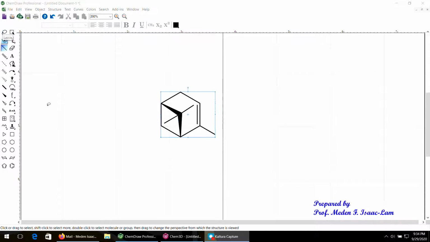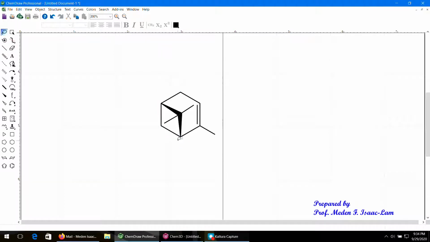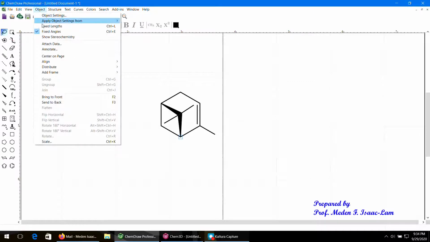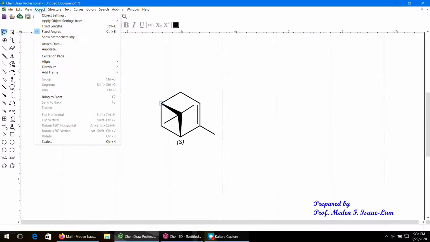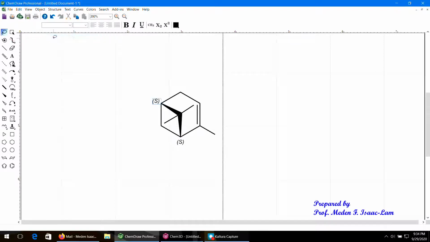So we can highlight the carbon here and then determine the stereochemistry: on object, show stereochemistry. That's S. And then this carbon, highlighted, and on object, show stereochemistry, it's S.